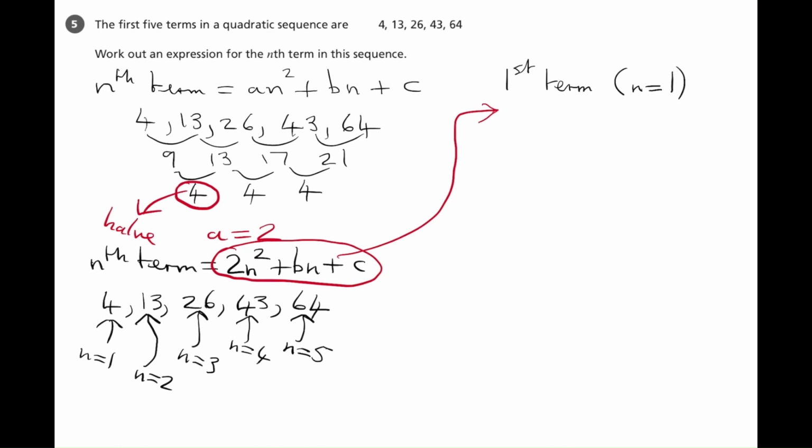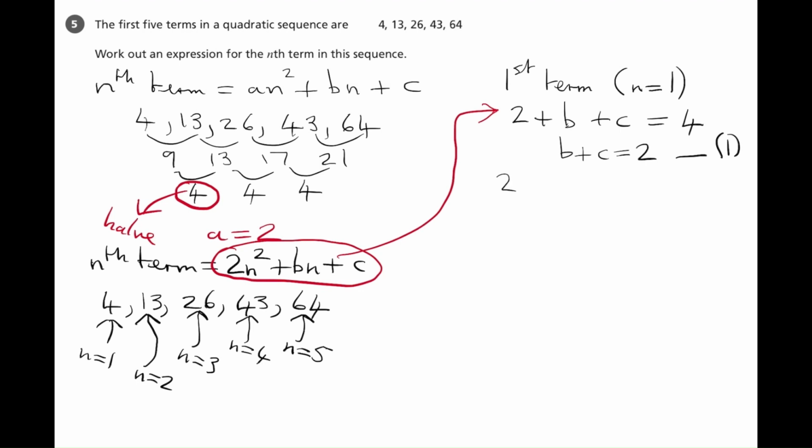So we have 2 multiplied by n squared, that's 2 multiplied by 1 squared, which is 2 multiplied by 1, which is 2, plus bn, b multiplied by 1 is b, plus c. This gives you the first term, and we can see that that is 4. We subtract 2 from both sides, so we have b plus c is equal to 2. We're going to come back to this equation, so I'll call it equation 1, which I'm writing in a bracket.